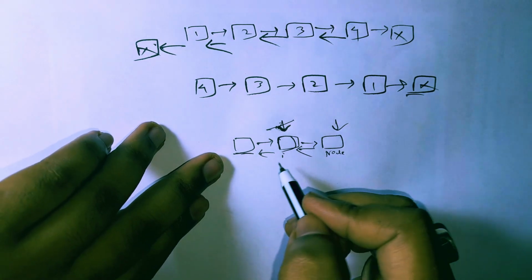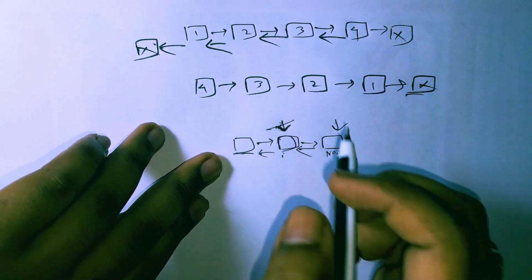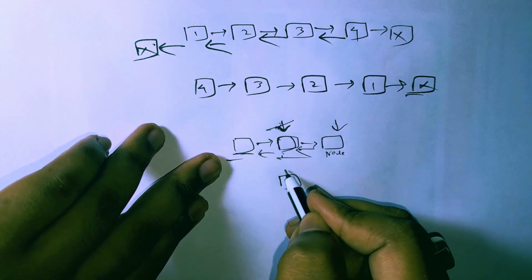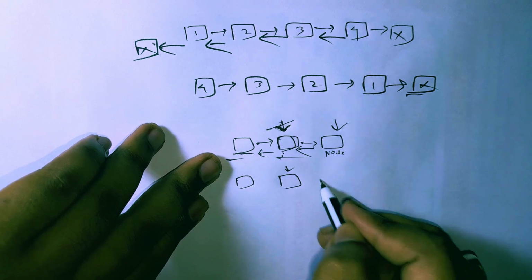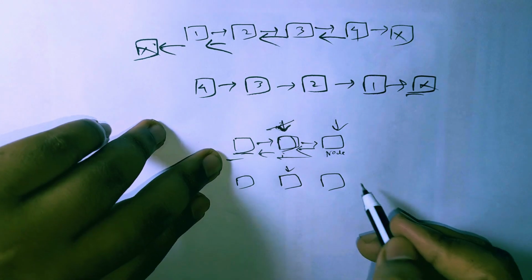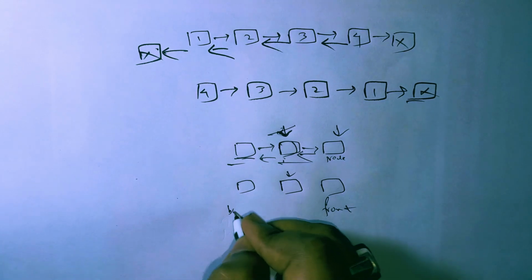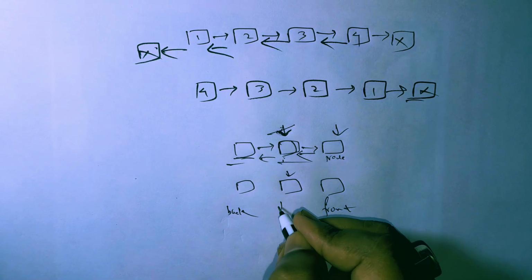For this you can see that you need 3 nodes: one is the middle node, one is the previous node, and one is the next node. I can say this is my front node, this is my back node, and this is my temp node.